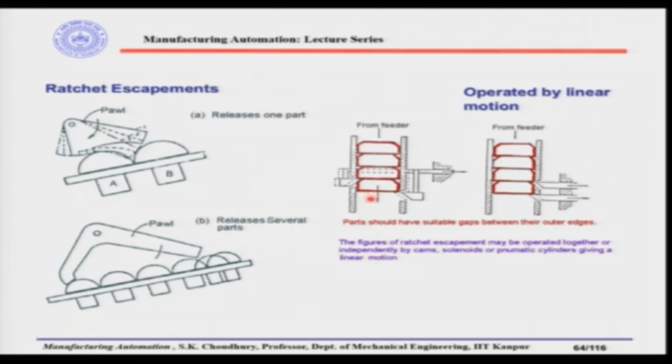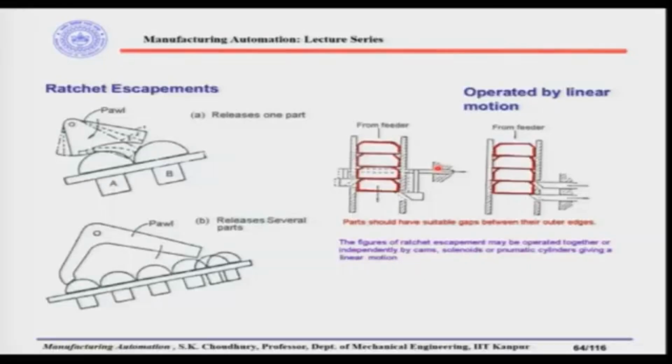So, when this is released and this is going like this, one part will be released from here and other parts will be held by this pawl or by this mechanism. So, what we mean is that you have to pull the handle to and fro, so that parts will come from the feeder one by one.